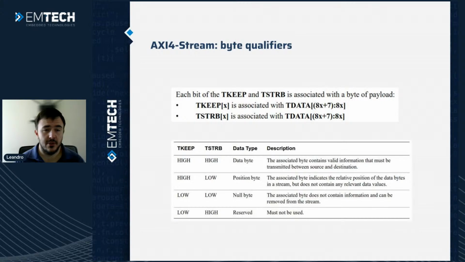Something to note, which comes from a document by Xilinx that details how many of the things in the protocols they are actually accepting or taking into their designs, and they chose to only listen to t-keep at the end of the packets.